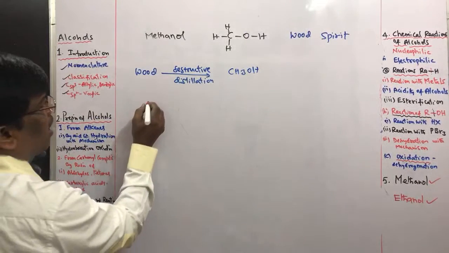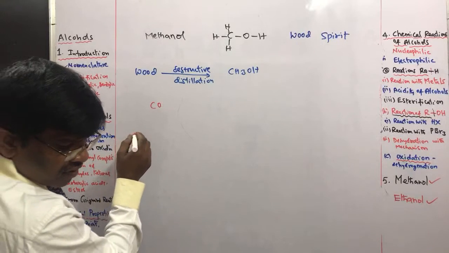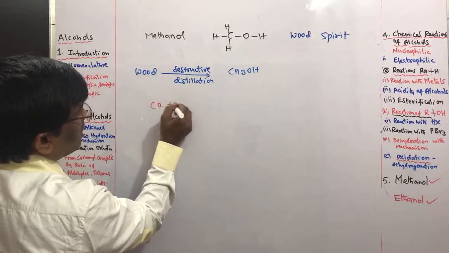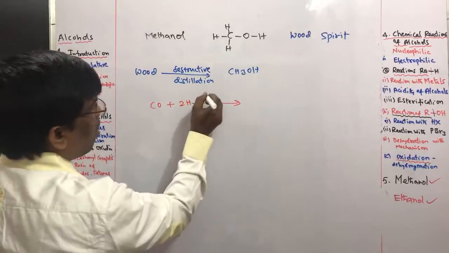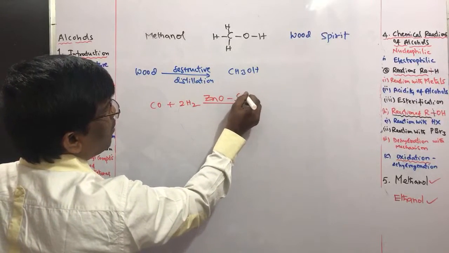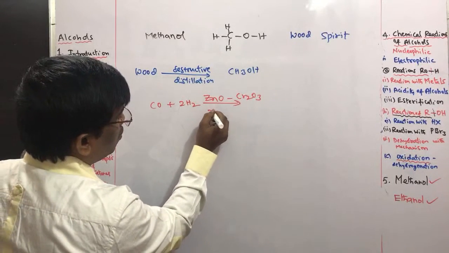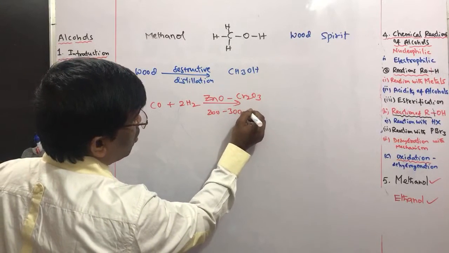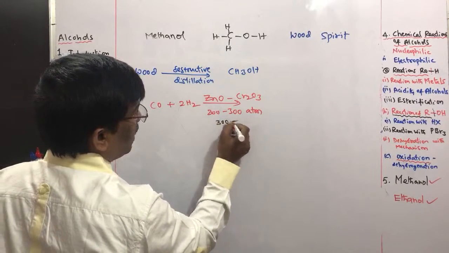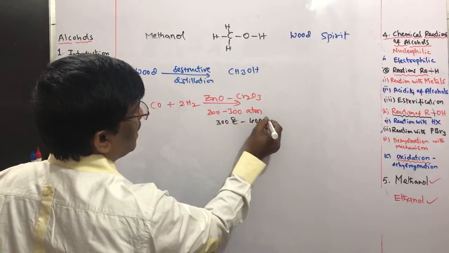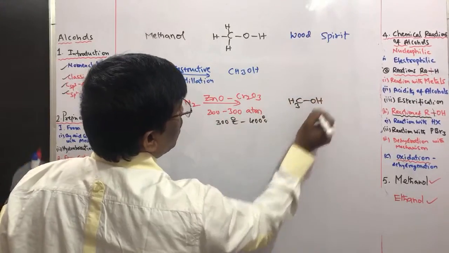However, in the laboratory or by a chemical way, it is prepared by catalytic reduction of carbon monoxide with hydrogen in presence of zinc oxide and chromium trioxide at about 200 to 300 atmospheres pressure and about 300 to 400 degrees centigrade, which gives methanol, CH3OH.